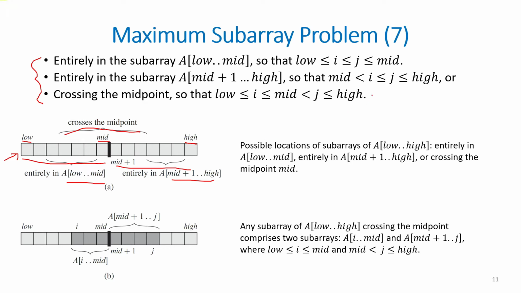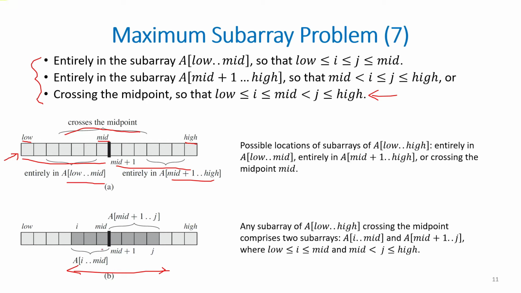Now let's look at the third case. At this place, as I said, the subarray Aij could be crossing the midpoint mid. This is shown by the shaded boxes. When this happens, this subarray Aij itself can be divided into two parts.